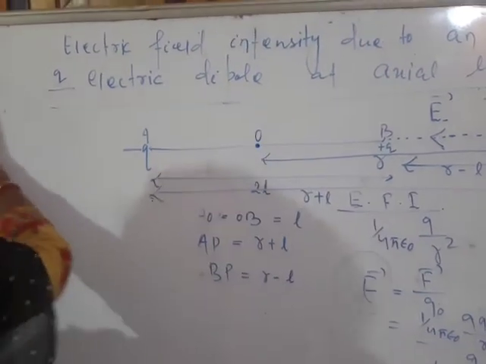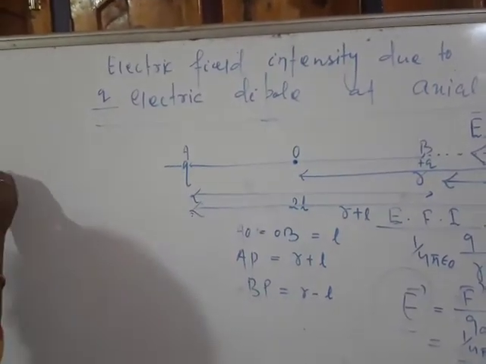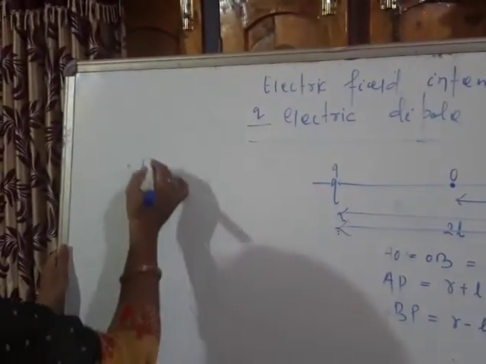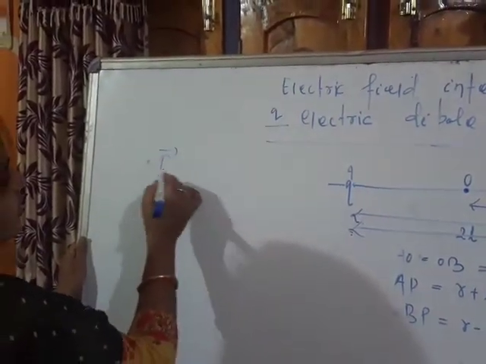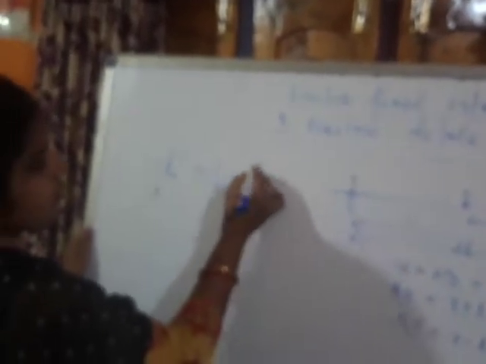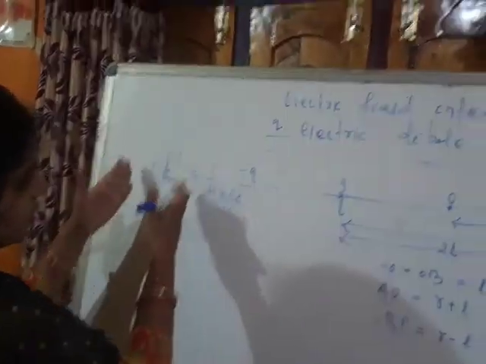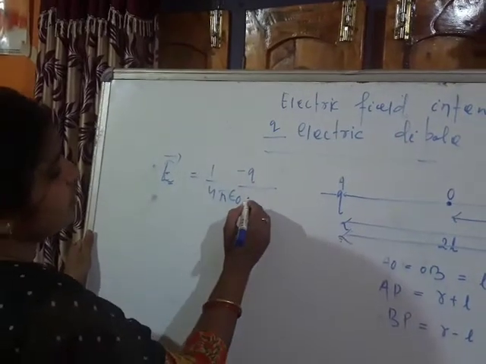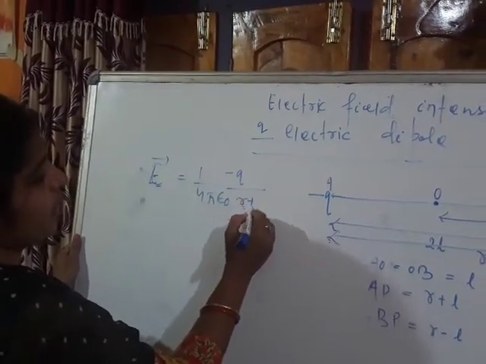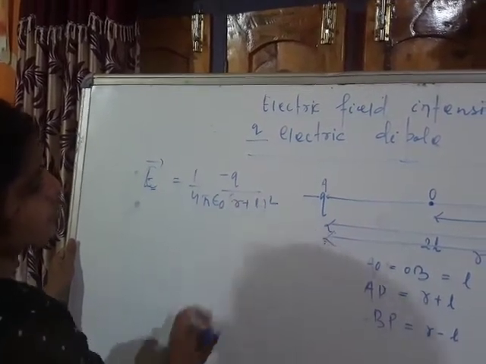So if I take E minus vectorially, then 1 by 4 pi epsilon naught q by, because I have not taken the magnitude, so I will put minus q divided by r plus l square.